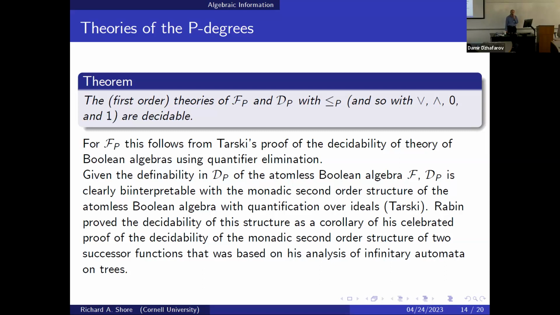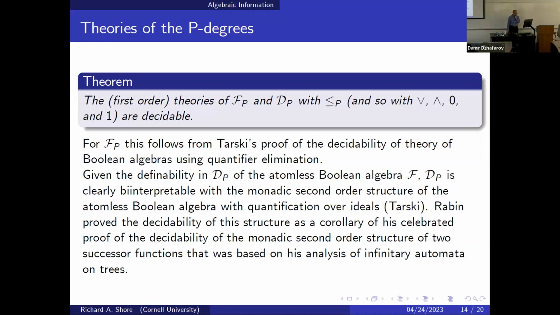He proved that if you look at the theory of two successor relations and the monadic theory of that, where you allow quantification over subsets, then that's a decidable theory. And he proved it by an analysis of automata on infinite binary trees, an analysis in terms of automata theory.